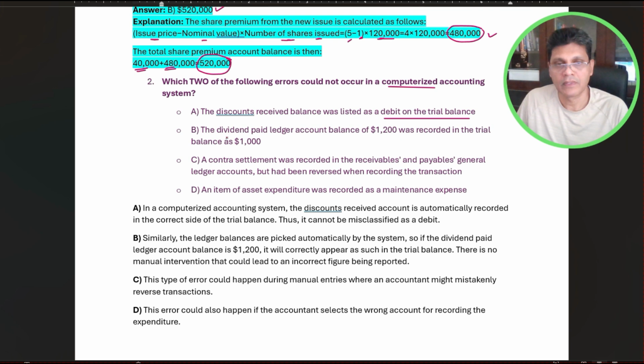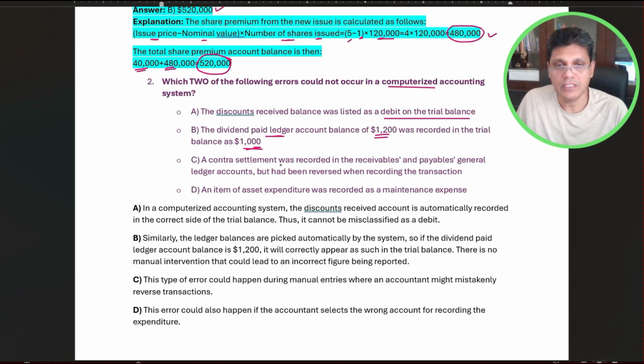The second one, a dividend paid ledger account balance of 1,200 was recorded in the trial balance as 1,000. Is it possible in a computerized accounting system? So this is what we need to answer.